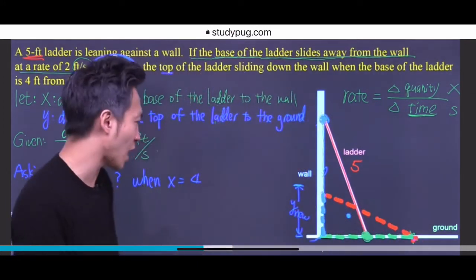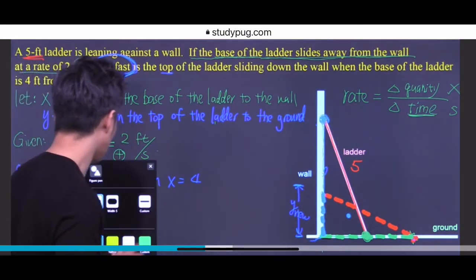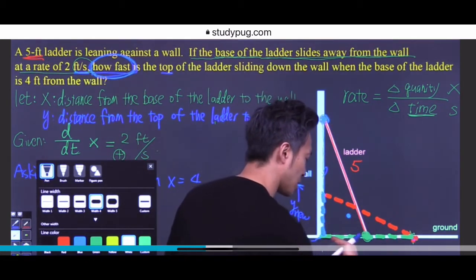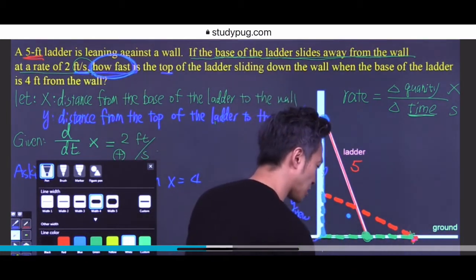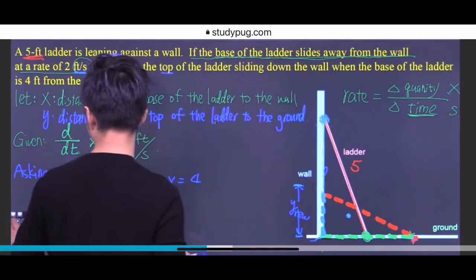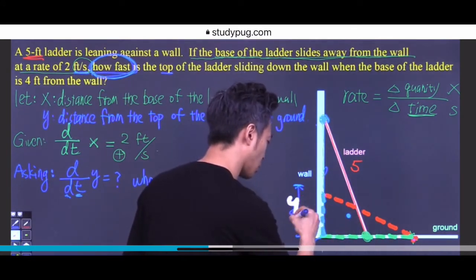So what quantities do we have here? In this triangle, we've got x right here. The horizontal distance here represents x, and the vertical distance for this triangle represents y.